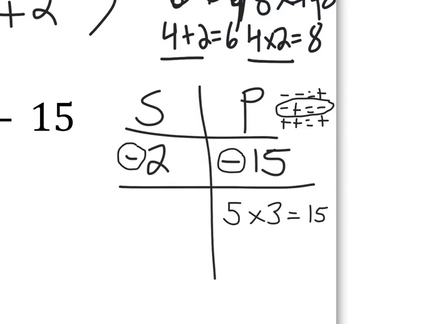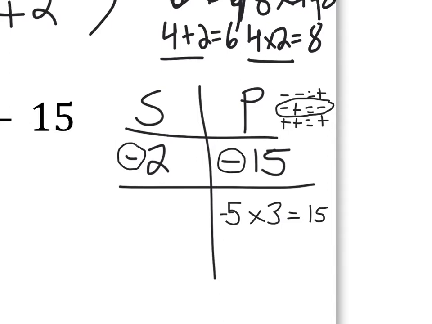It's a negative. It goes with the bigger number. It's not that the bigger number is always going to be a negative. It's just that the bigger number gets the sign in front of the sum. So if this was a positive 2, guess what this 5 would be? A positive 5. But it's not, right?